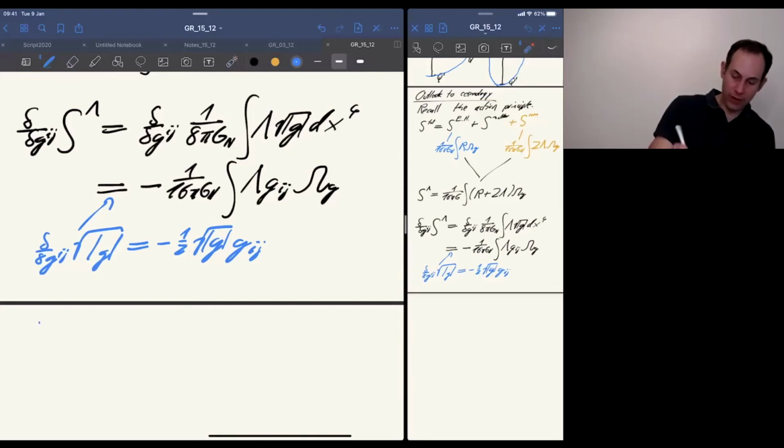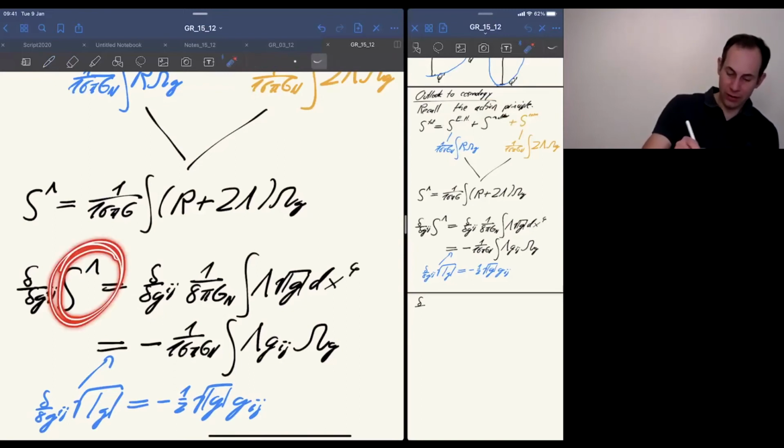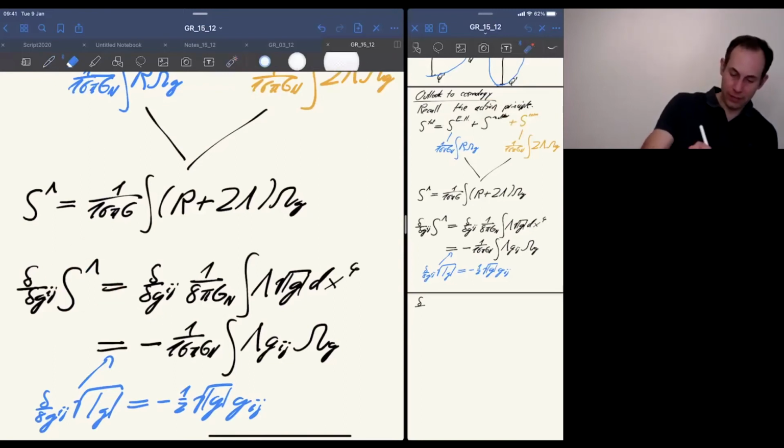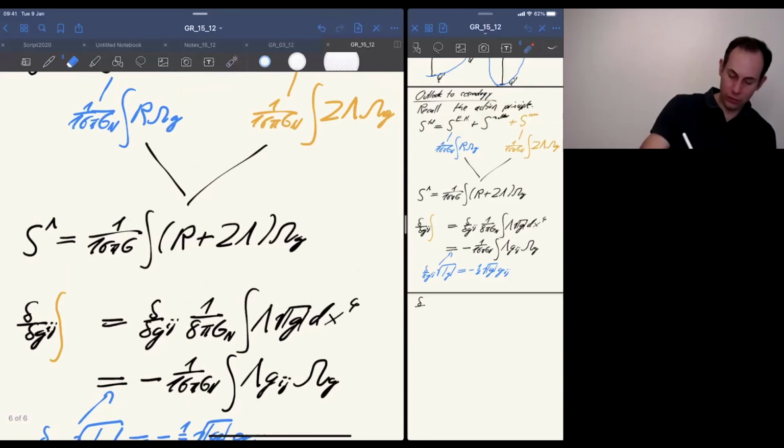So if I now vary the whole term, okay, I think I made a mistake here. This was only the lambda term. Let me correct this. I only vary actually the orange part.